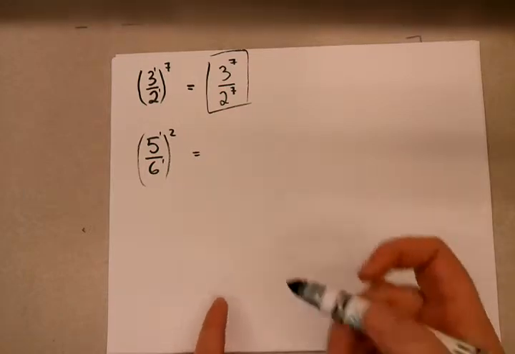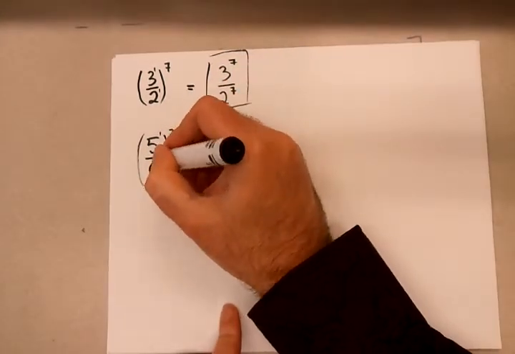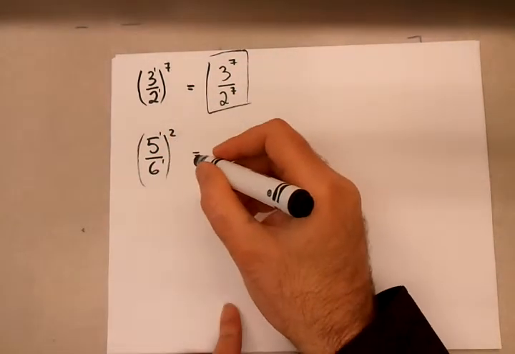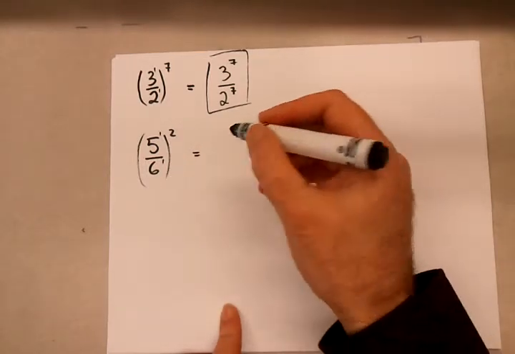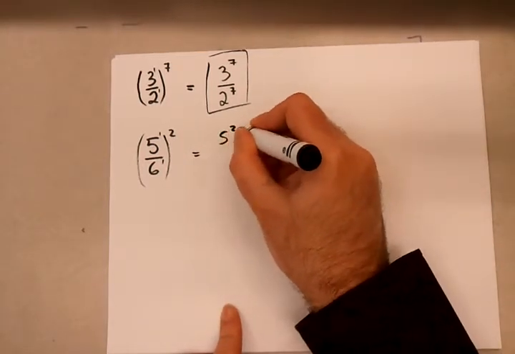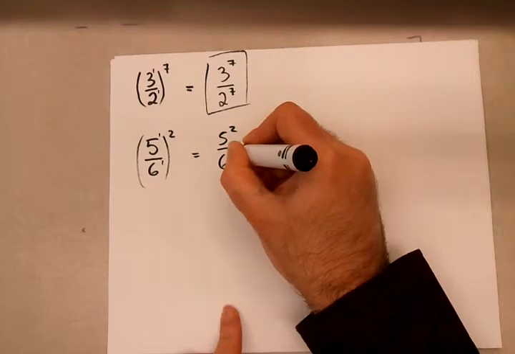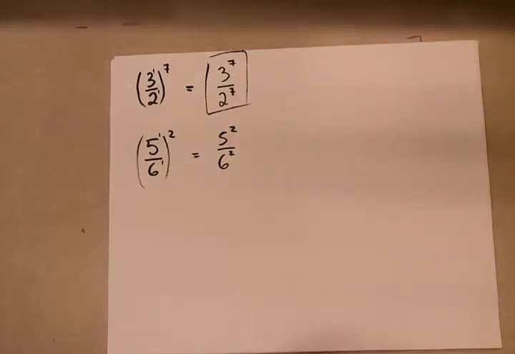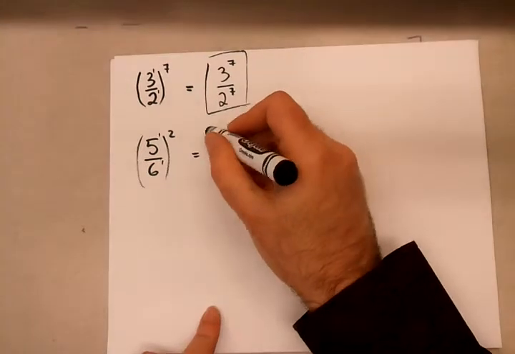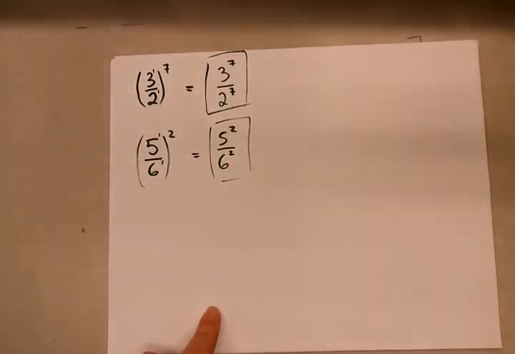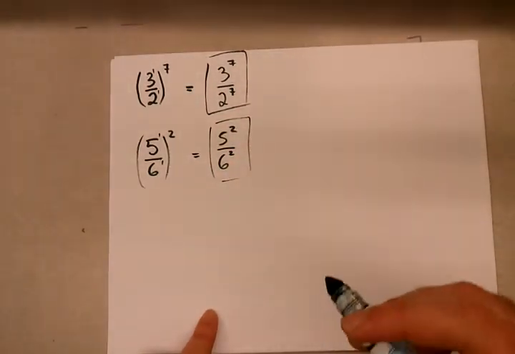That's not written. So you have to distribute the 2 to both of these exponents. 2 times 1 is 2, 2 times 1 is 2, so 5 squared over 6 squared. And you can leave it in this particular form. Obviously, you could have solved this one out. This was an easy solution, 25 over 36, but you don't have to. So you can leave it in this form. Can't do anything to the exponents because the bases are different.